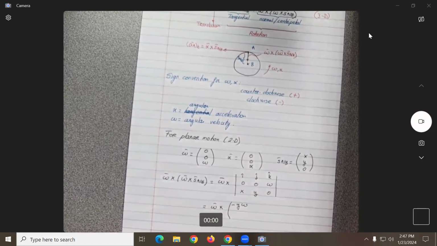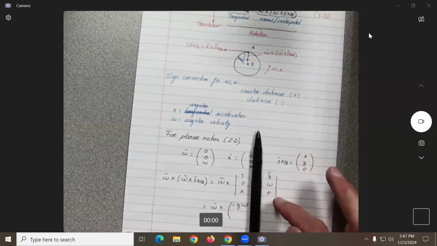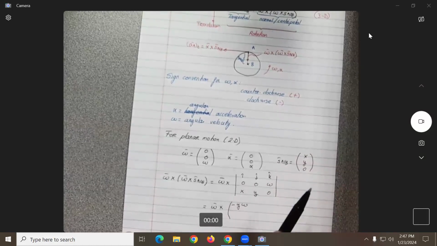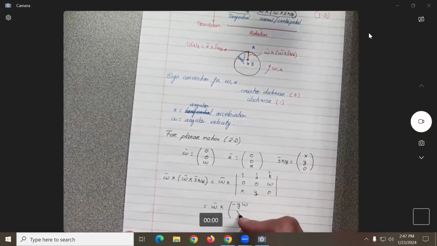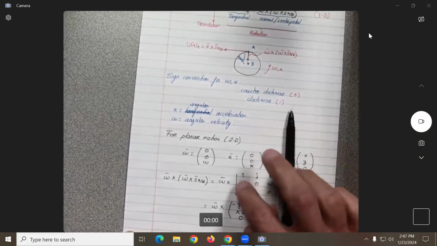Correct? What will be the next one? You cross this one, but you have a minus sign before that, no? So what will you have? You have 0 times 0 minus omega times x, but it's a minus before that. So what are you going to get? x omega, and then the last one would be 0, 0.